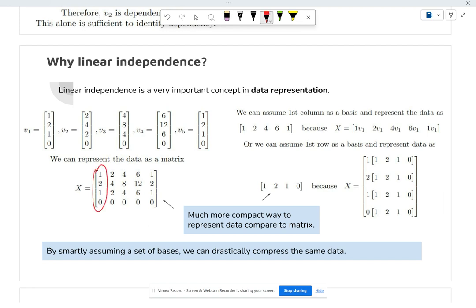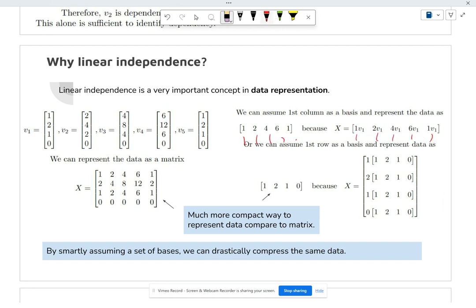if we let the first column be the basis, the vector we want to use. We're going to call the basis V. So if you take 1 times V1, it's just itself. Now notice you have 2 times V1, 4 times V1, 6 times V1, and then 1 times V1. So notice 1, 2, 4, 6, 1.